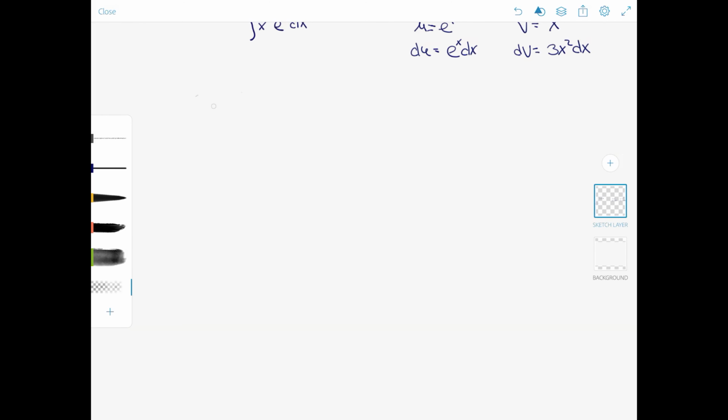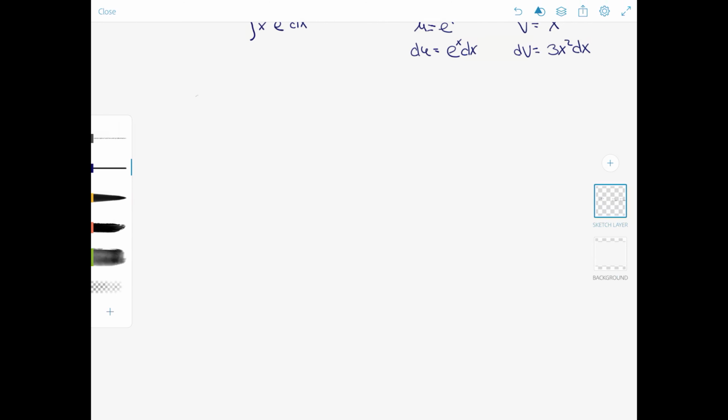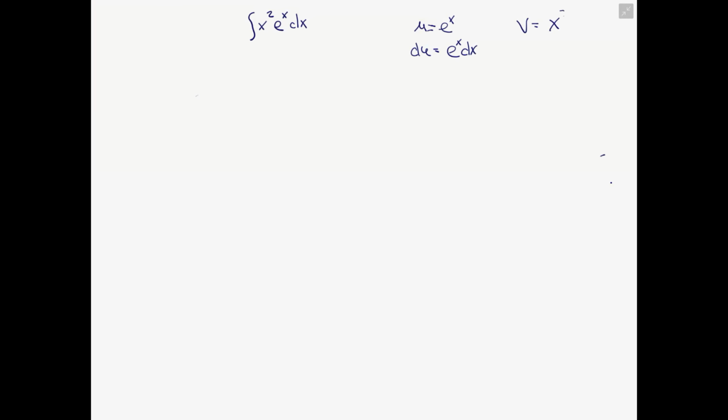So what we do is we choose a new variable and see if we can get the same integrand. Remember, I warned against choosing the wrong power in a previous video. So let's see what we got. Let's say v is x squared, dv equals 2x dx.